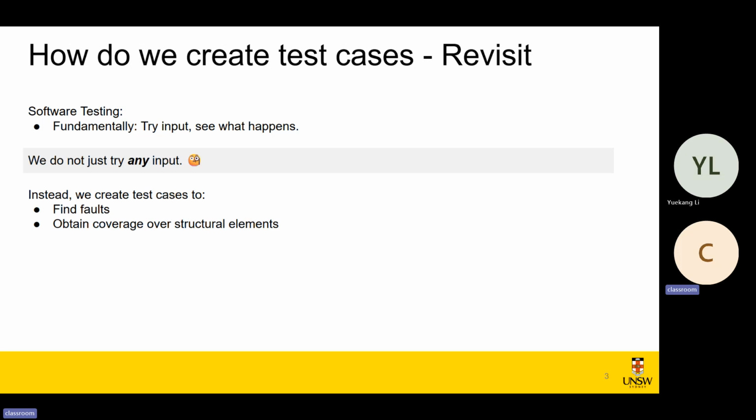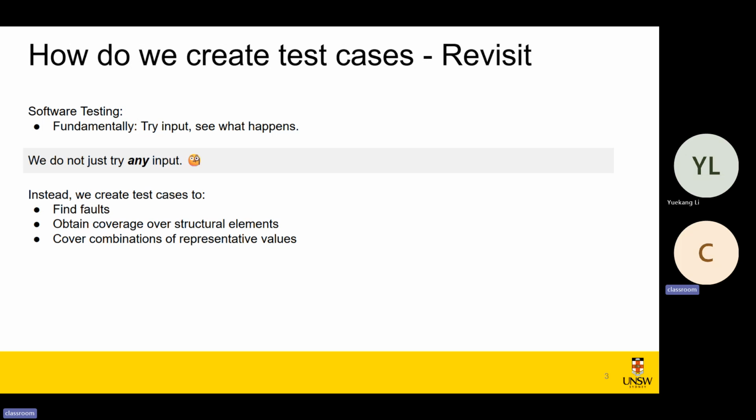We may also want to obtain some coverage over some structural elements of the code, for example the statements, branches, or even a path. This could serve as evidence of how much testing effort we have done. We may also want to create different combinations of representative values.